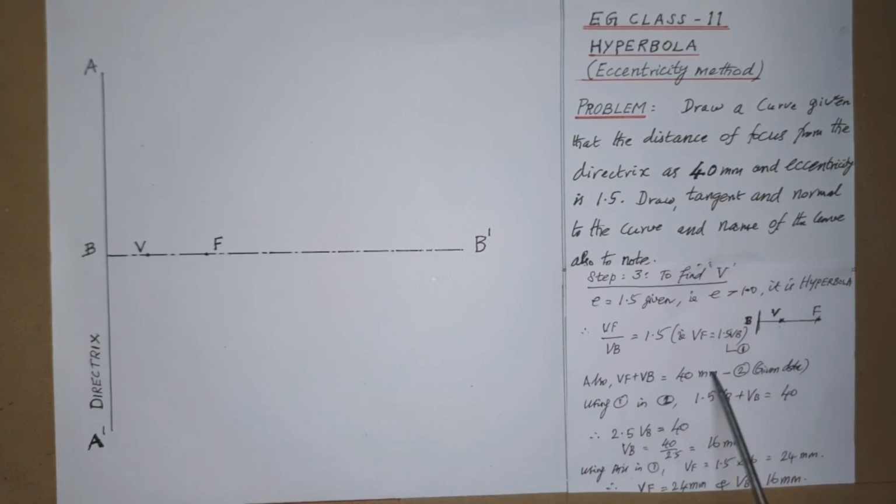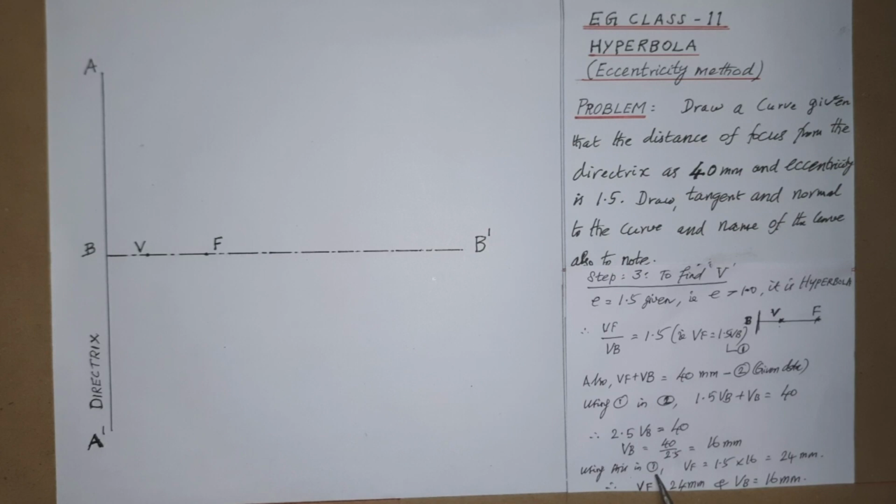Now using equation 2 with the usage of equation 1, that is 1 is used in 2, then 1.5 VB plus VB equal to 40 millimeter. Therefore 1.5 plus 1, 2.5 VB equal to 40. Therefore VB equal to 40 by 2.5, that is equal to 16 millimeter.